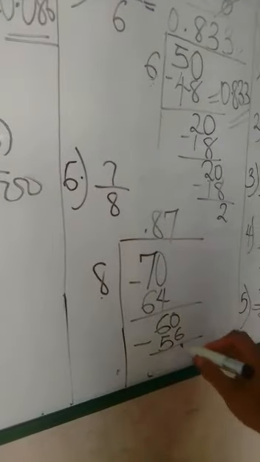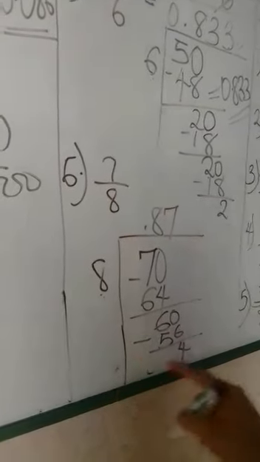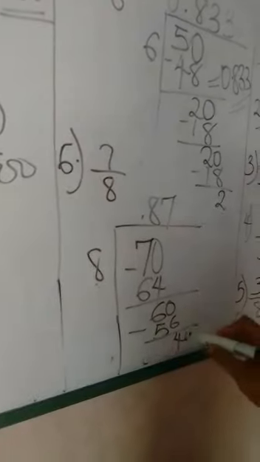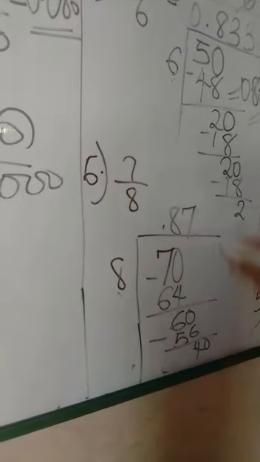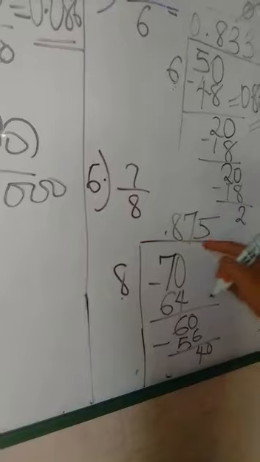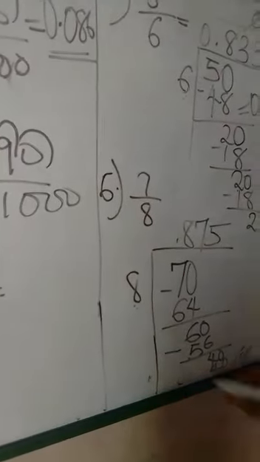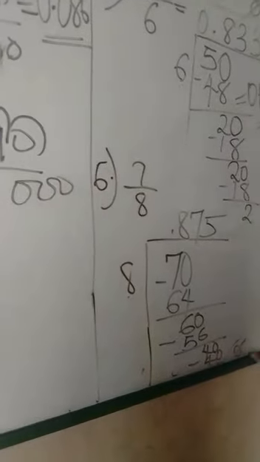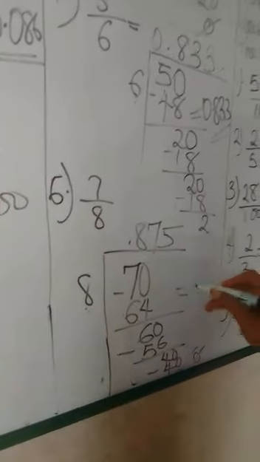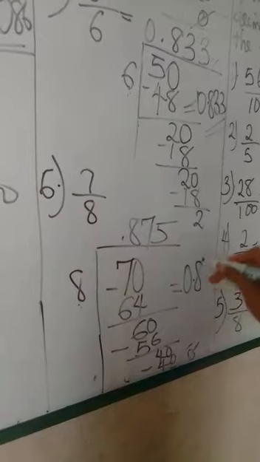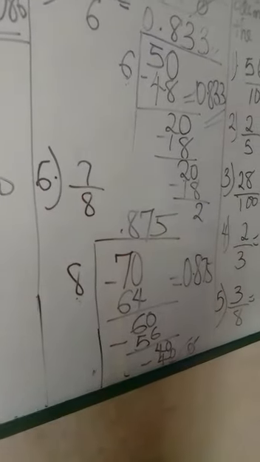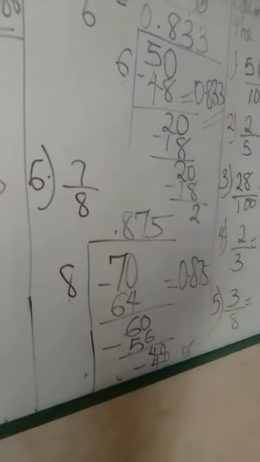I'll subtract and get 4. 8 divides 4, it can't go, I'll add 0. 8 divides 40, 5. 5 times 8, 40. You can see now that I've gotten 40 minus 40. I've gotten my final answer here as 0. So my answer here becomes 0.875.